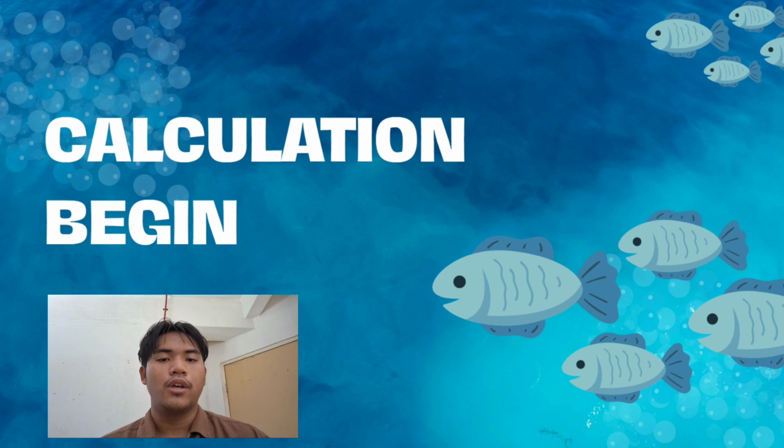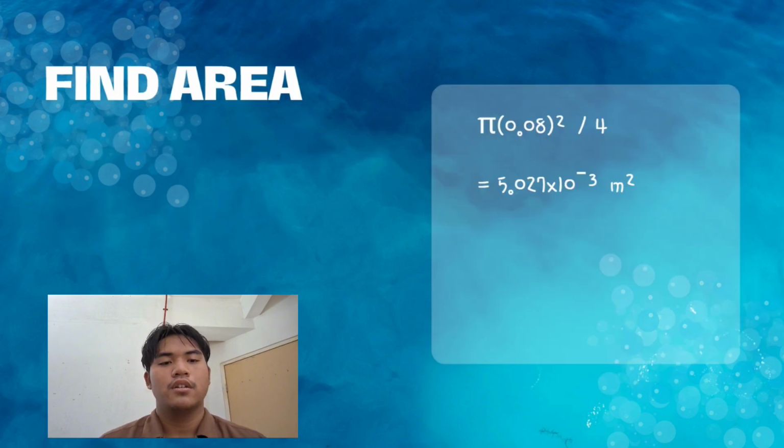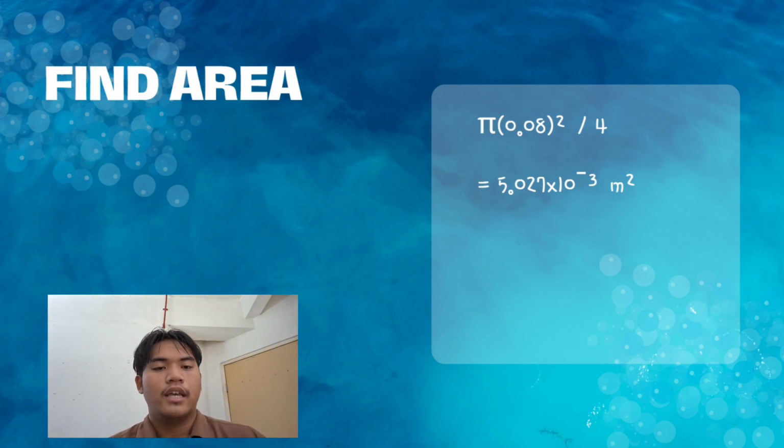Alright, now we begin our calculation. The first thing we need to do is find the area, so we can continue the other calculations. The formula for this area is pi diameter square divided by 4. We already got the diameter, and we just need to substitute the number into the formula.